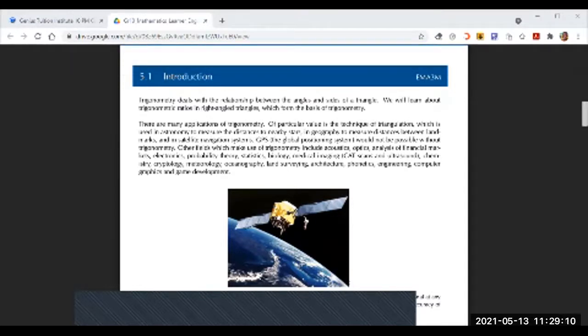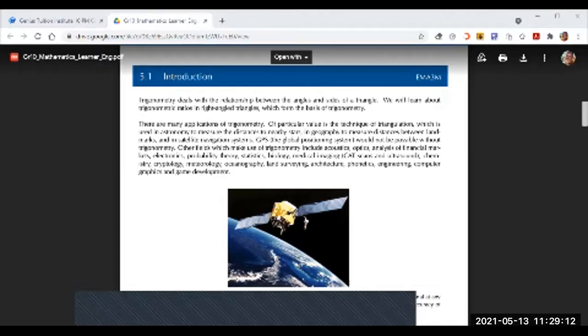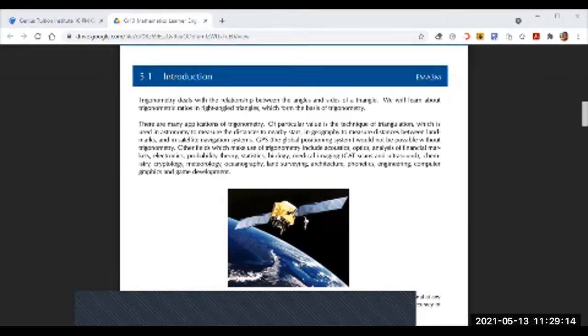We will learn about trigonometric ratios in right-angled triangles, which form the basis of trigonometry. Meaning, in order to understand trigonometry, we are first going to deal with right-angled triangles.